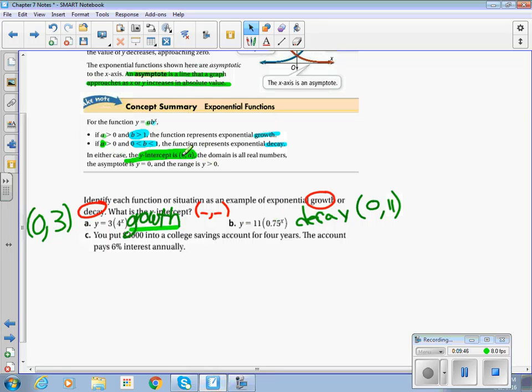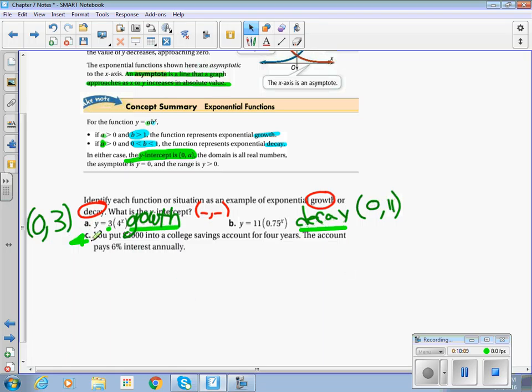The y-intercept is (0, a). Since a is 3, it would be (0, 3). The second one, because our b value is between 0 and 1, it's 0.75, we have a decay situation. Since the a value is 11, the y-intercept is (0, 11).